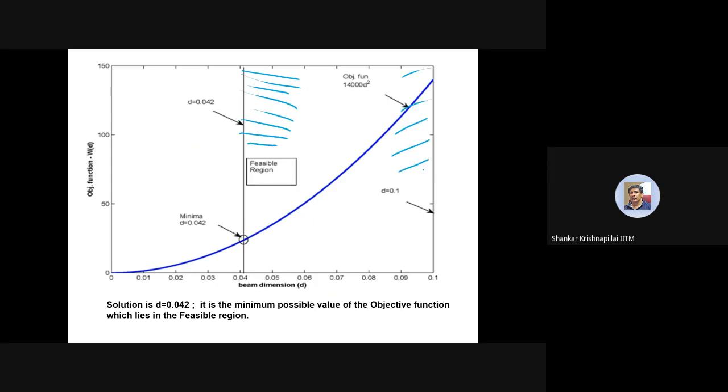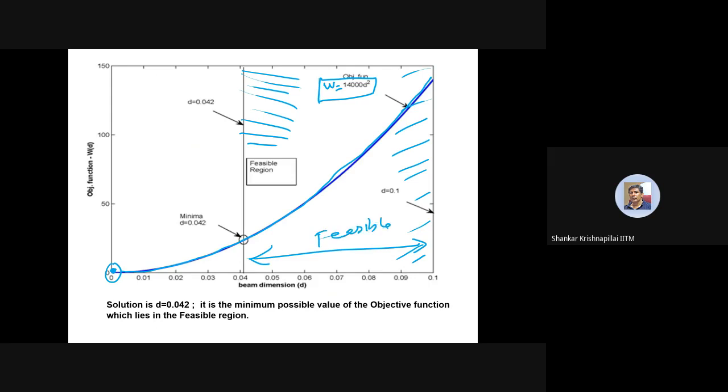We are plotting our objective function, that is W equal to 14,000 D cube. The objective function is obviously 0 when D equals 0, and it will slowly increase with D, and it will go like this. So this is our feasible region.